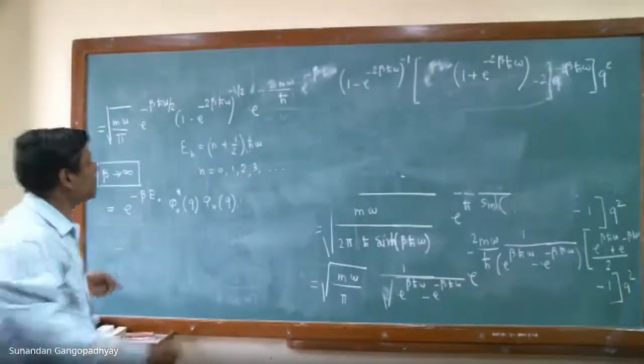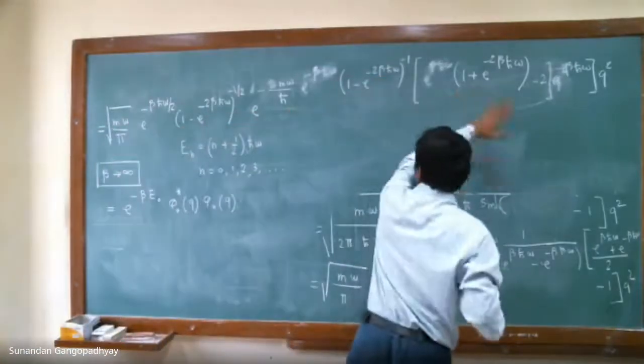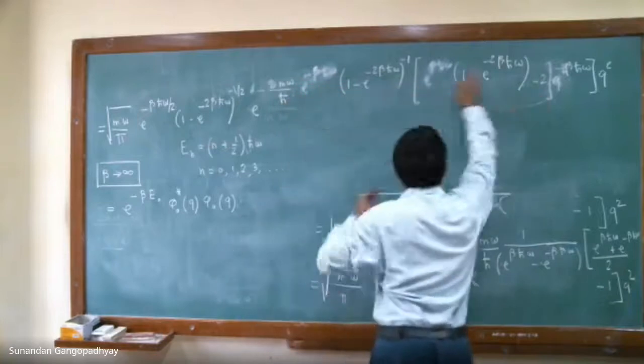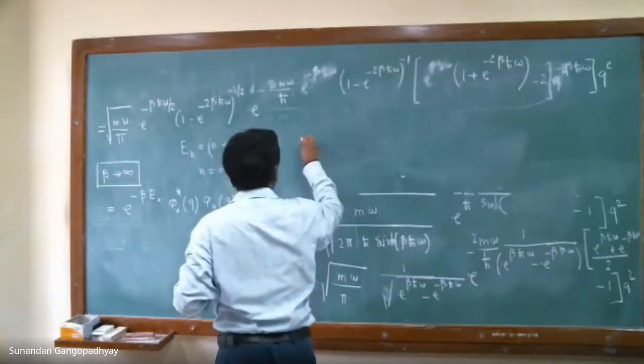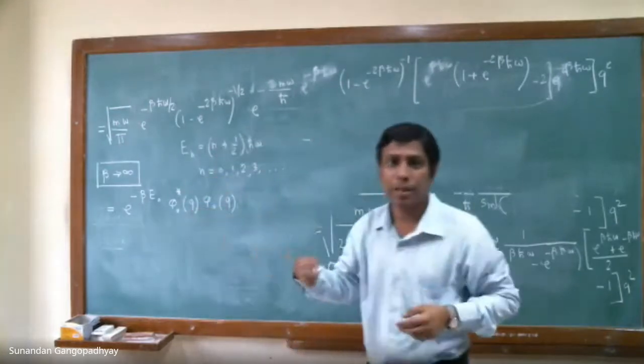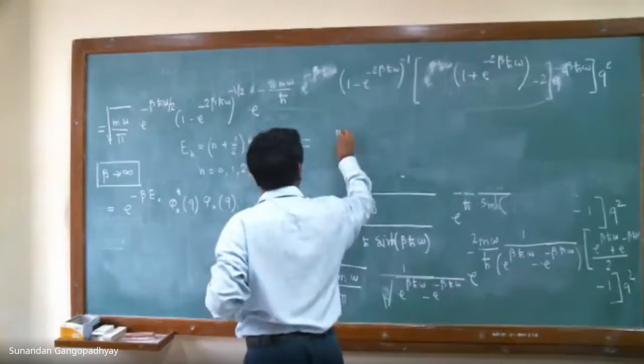You can expand this in a binomial series, and also multiply the full thing out, and ultimately when you take the beta infinity limit, which is equivalent to the limit that the temperature goes to 0, you will end up with the following expression.